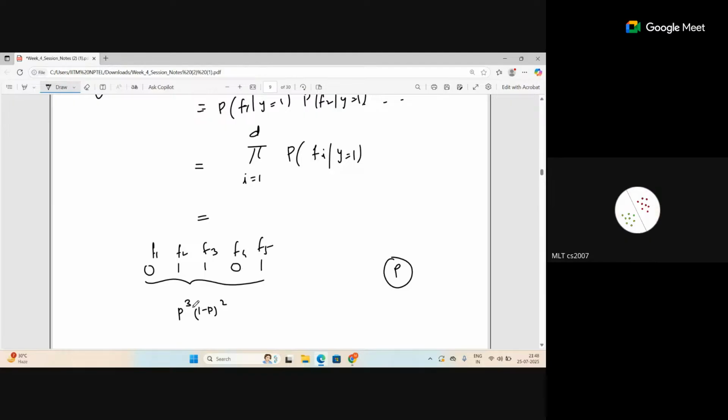Can I write the above product as p_i to the power f_i?